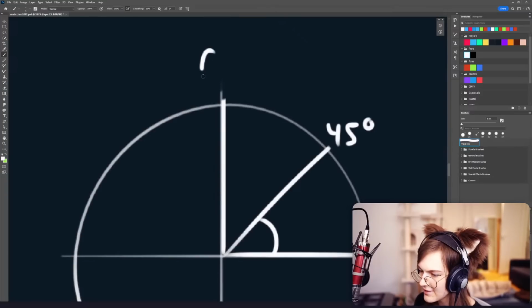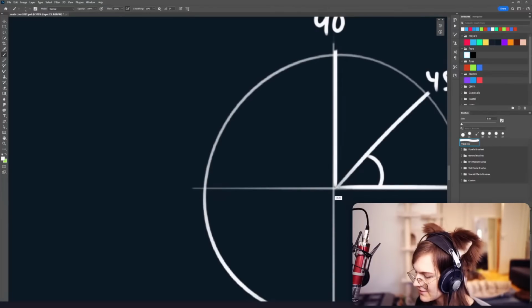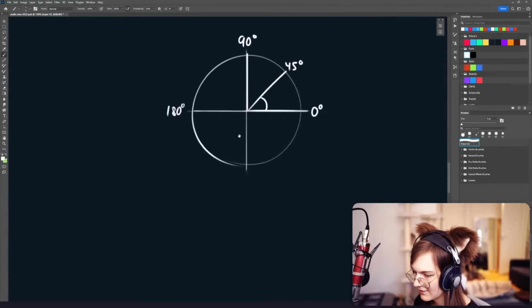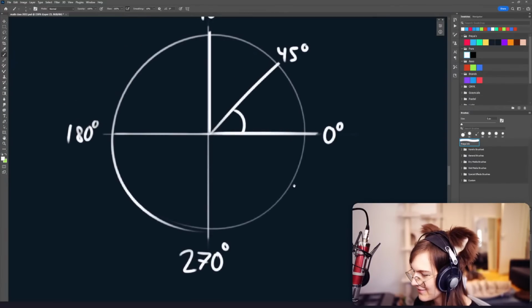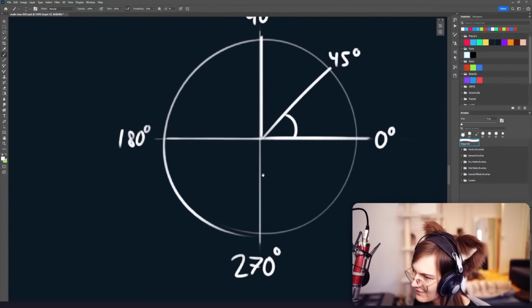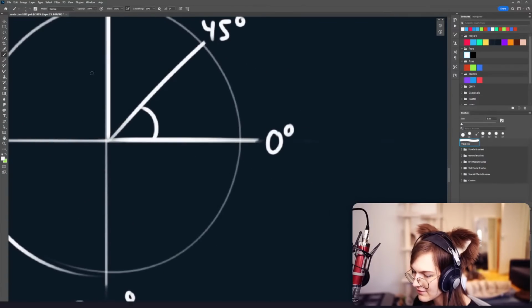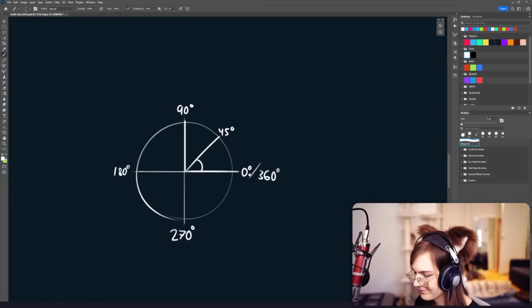All right, we have 90 degrees over here. And then if we go all the way to the other side, over here, we have a 180-degree angle. And then we have 270, I think. Yeah, I think it's 270. Okay, and so this type of angular measurement goes all the way around, and once we're back to the beginning, we end up at 360 degrees.